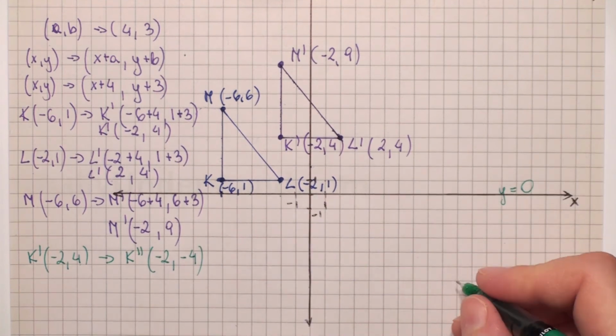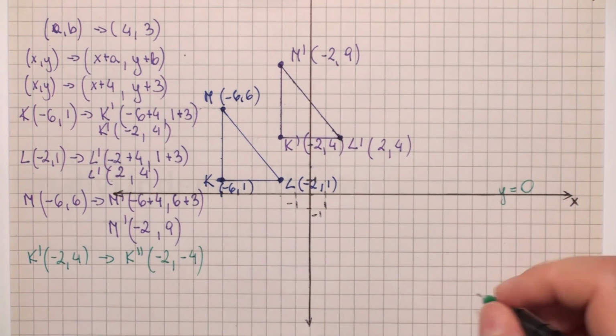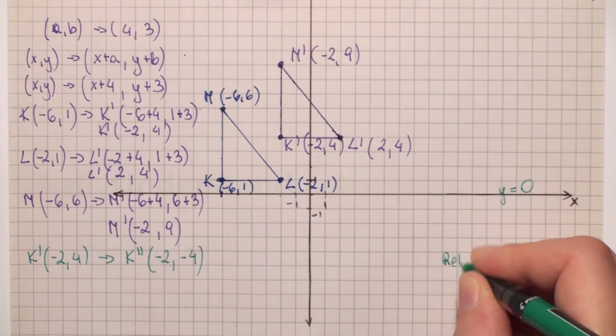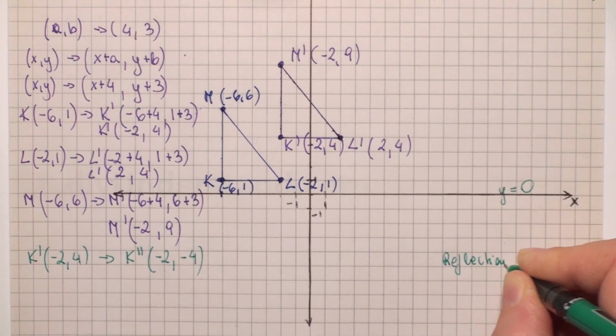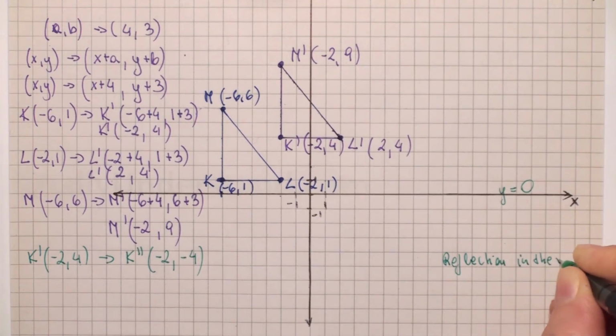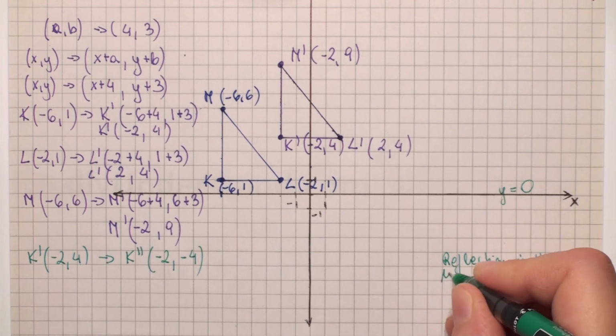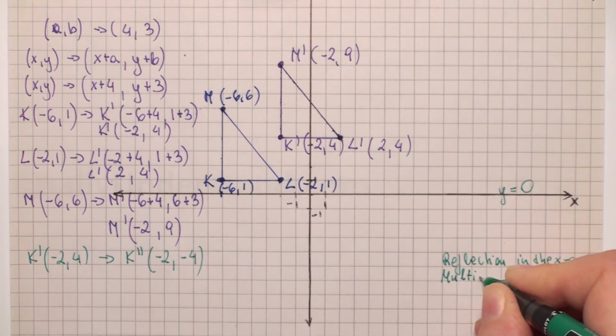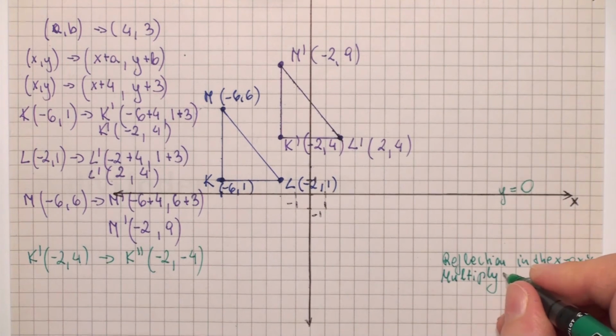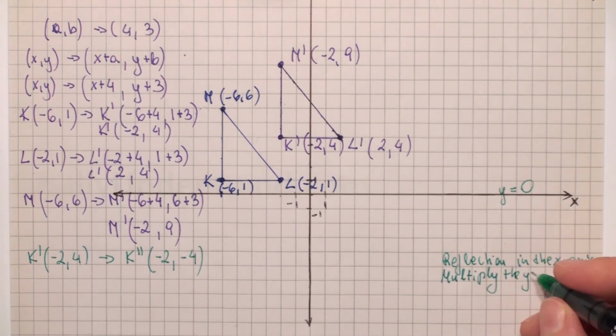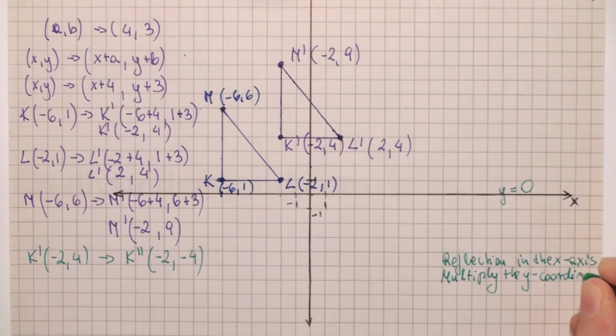Let me write this. When we have reflection in the x-axis, we have to multiply the y coordinate by -1.